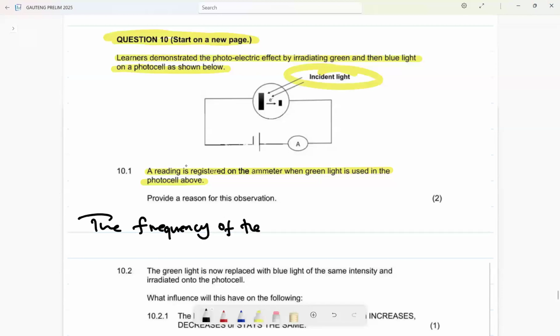of the green light is greater than the threshold frequency. Okay, the frequency of the incident light is greater than the threshold frequency.